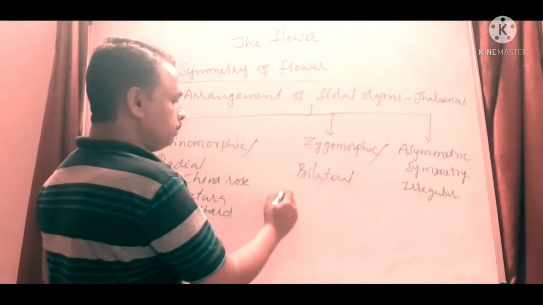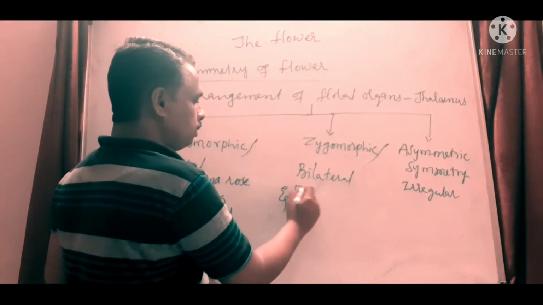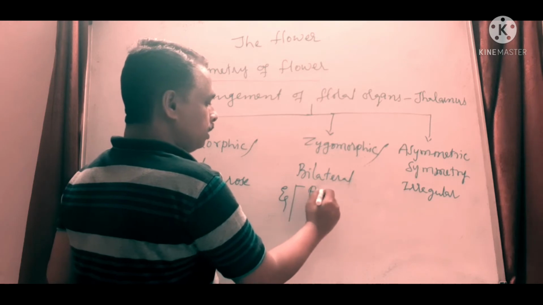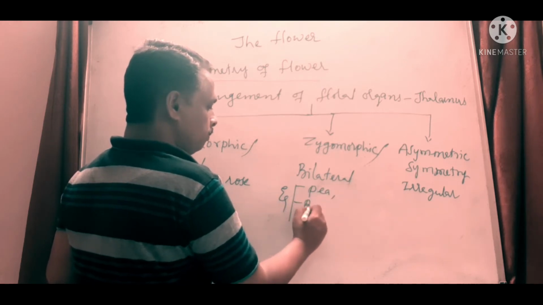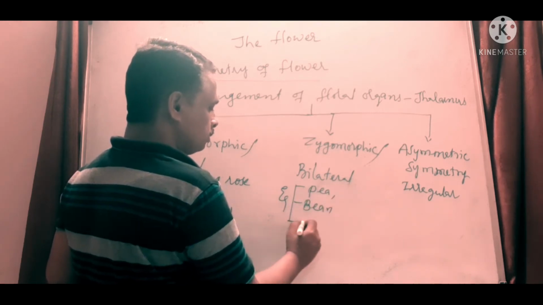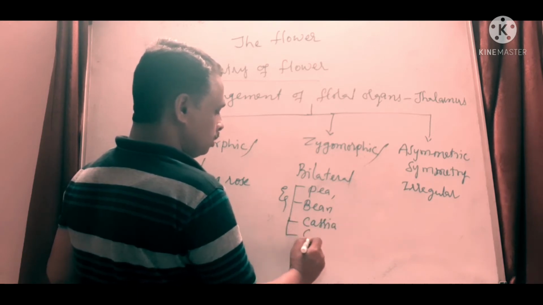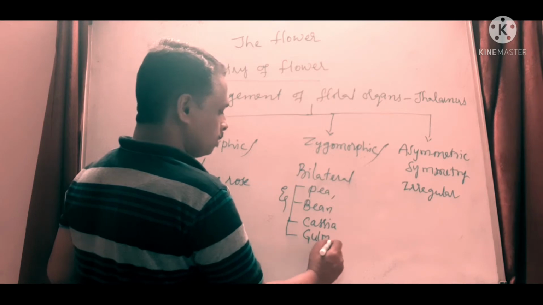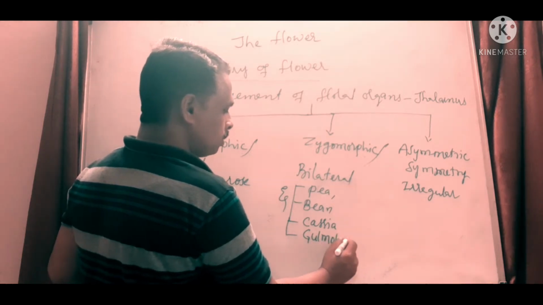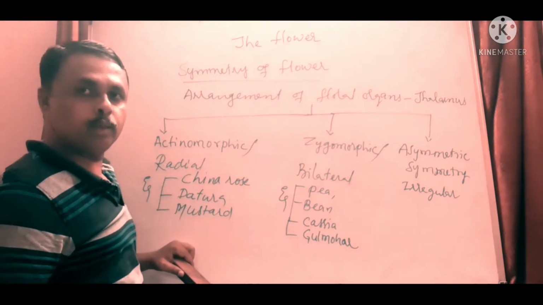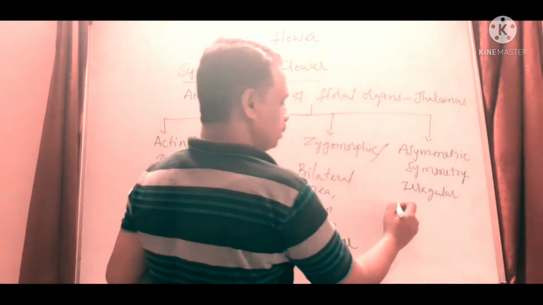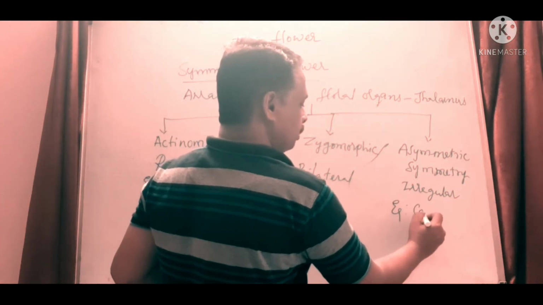Examples for zygomorphic symmetry: pea, bean, Cassia, Gulmohar are examples for zygomorphic symmetry. And an example for asymmetric symmetry is Canna.